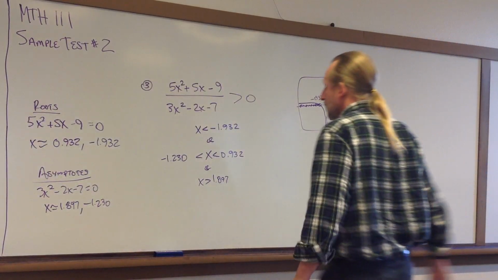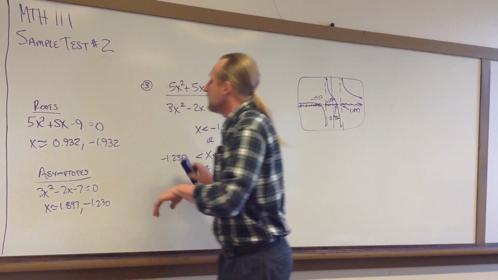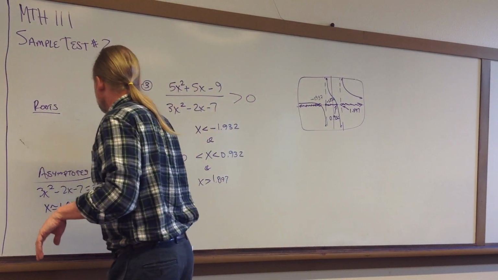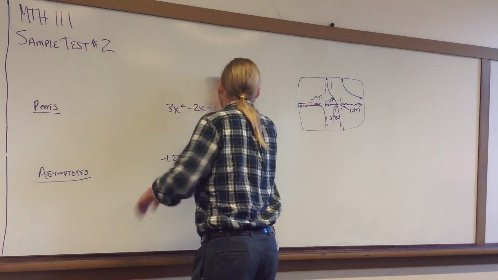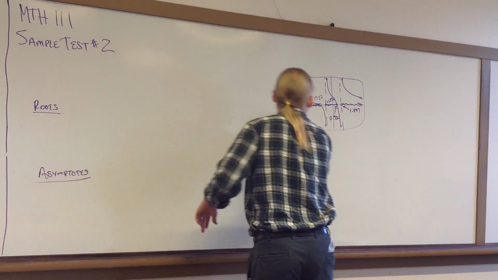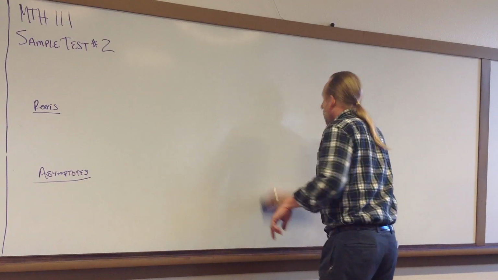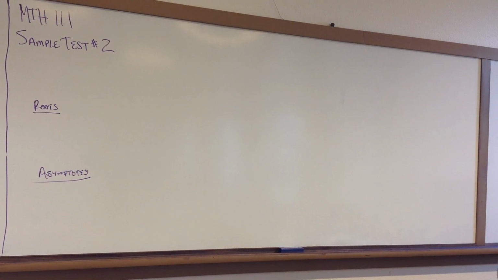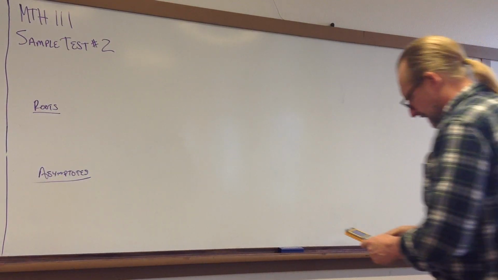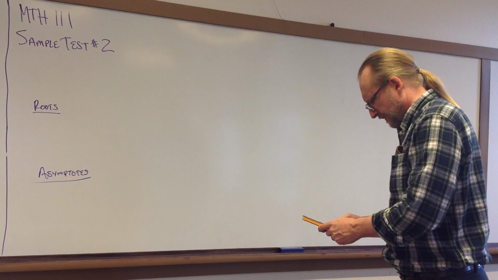And we've got another one of these rational inequalities to look at. Let's see, I'll leave those roots and asymptotes there. And we'll take a look at number 4. Okay, let's see here.